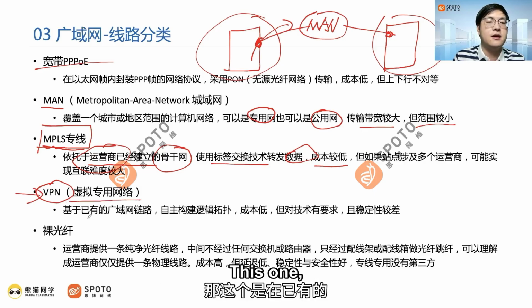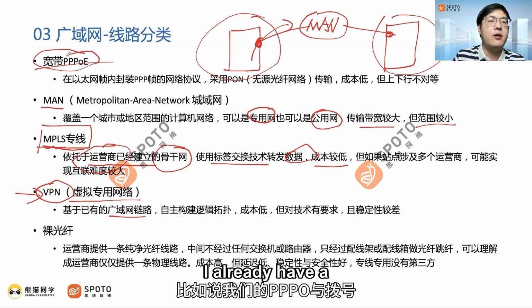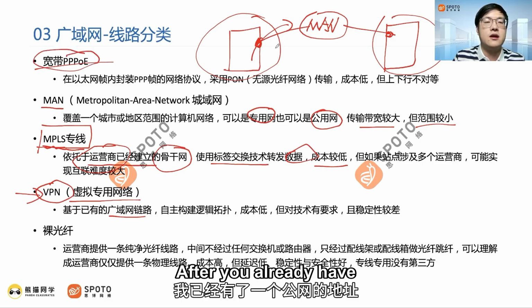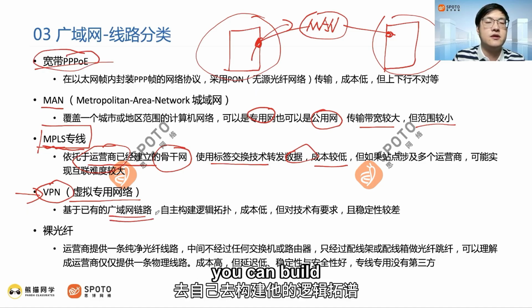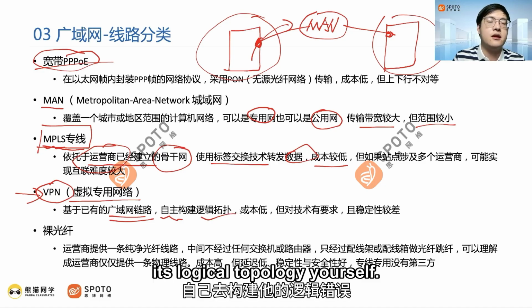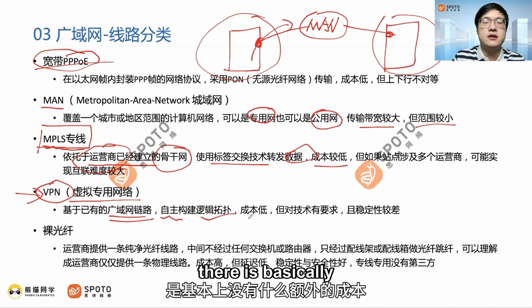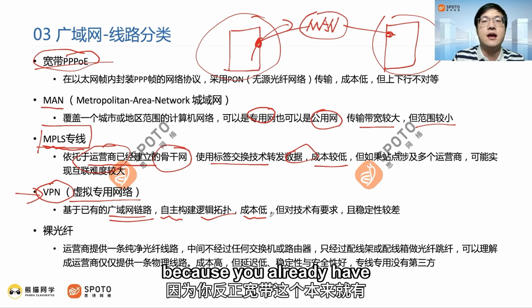But the fourth VPN technology we mentioned here is a virtual private network, right? This one is built on top of an existing PPP connection. I already have a public IP. After you already have a public IP address, on this basis, you can build it logically. In that case, there is basically no extra cost, because you already have the broadband anyway.